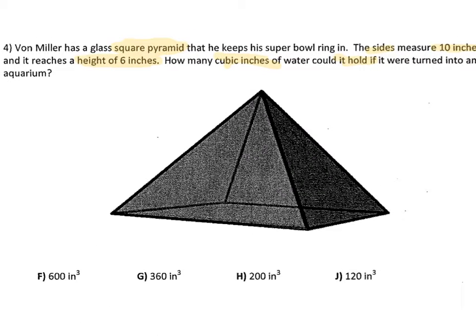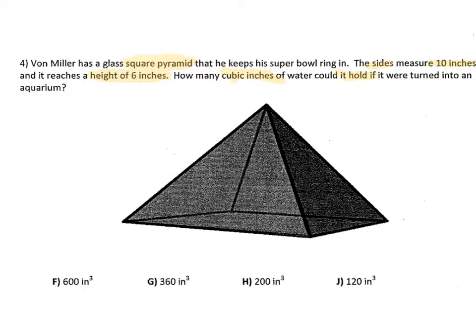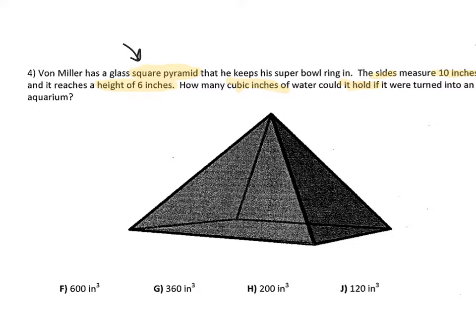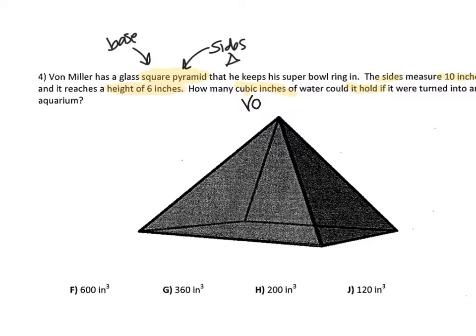We've got a square pyramid, so my base is a square and my sides are triangles. Are we looking for volume or surface area? Volume, since it said cubic inches. What formula are we going to use? Area of your base times height divided by 3 for a pyramid.